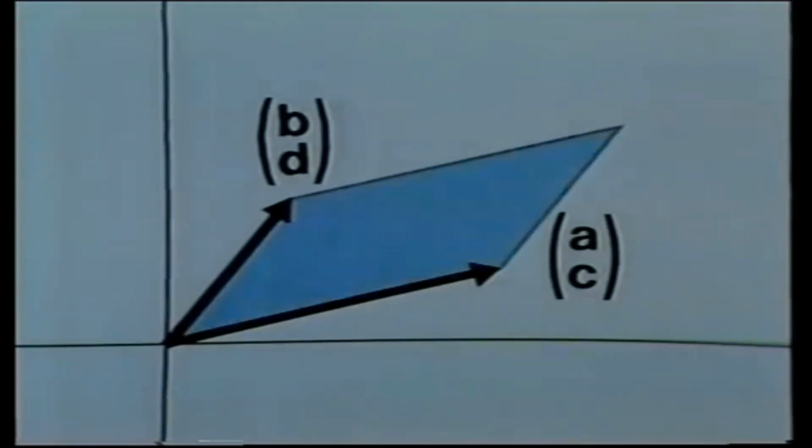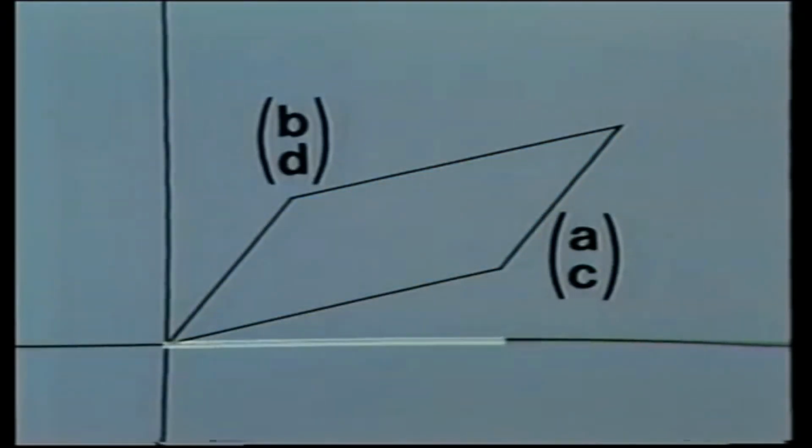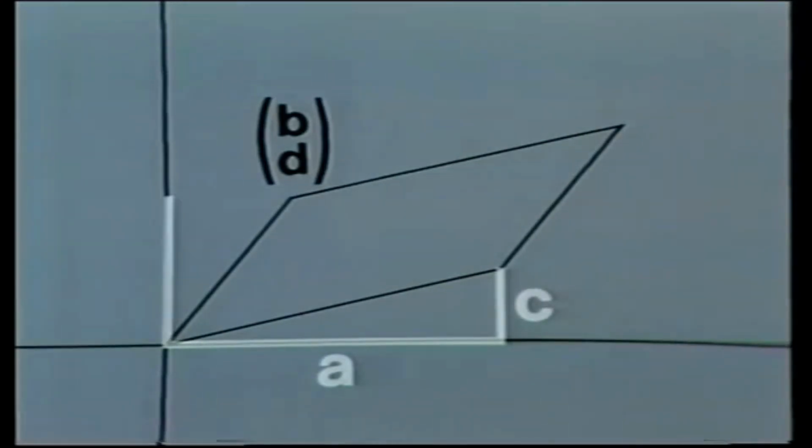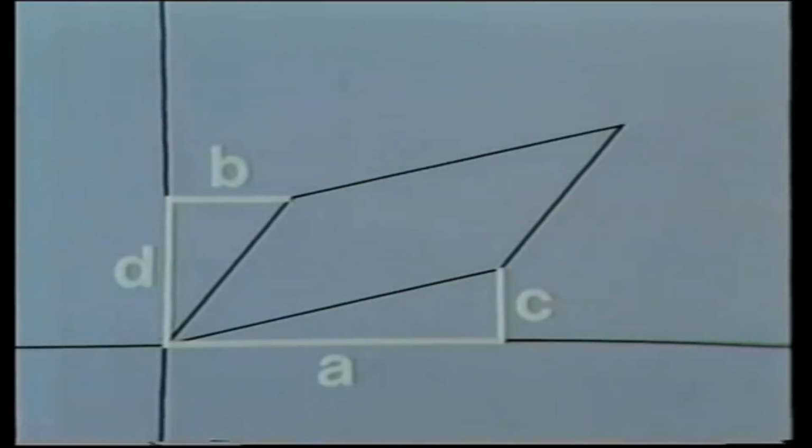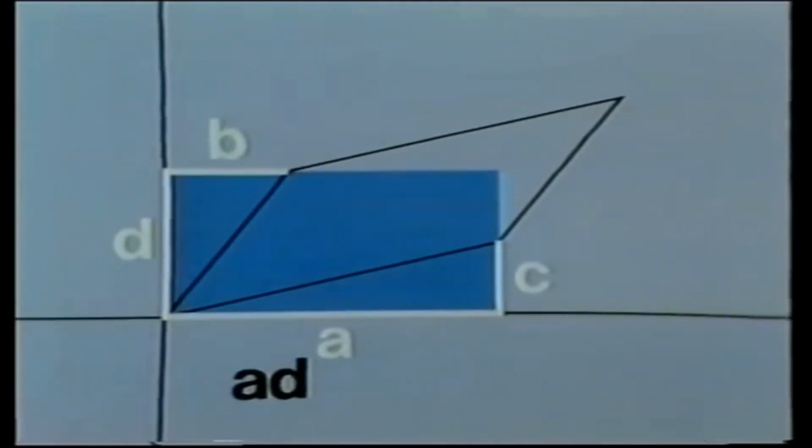This is the parallelogram, and this distance is A. This is C, and D, and B. We can find the area of this rectangle is AD.